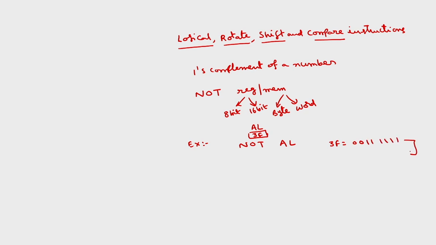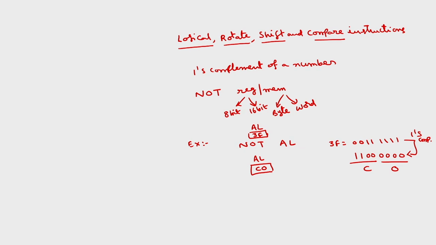If you take the 1's complement of this, 1's will be changed to 0, 0's will be changed to 1: 1 1 0 0 0 0 0 0. So, this will be C, this will be 0. So, after this the contents of AL become C0. It simply determines the 1's complement of the register or memory location that is specified here.